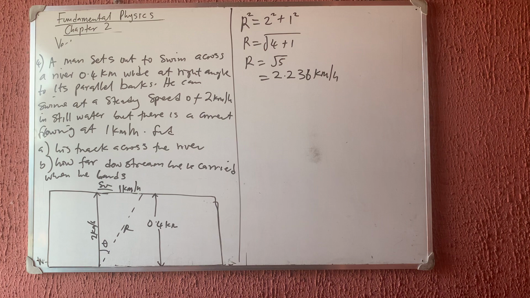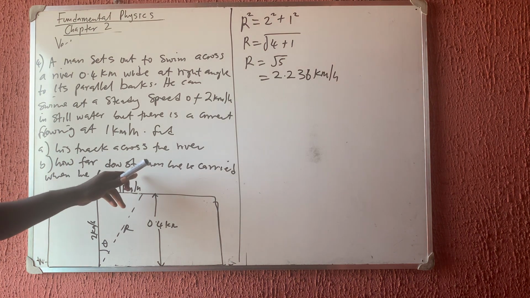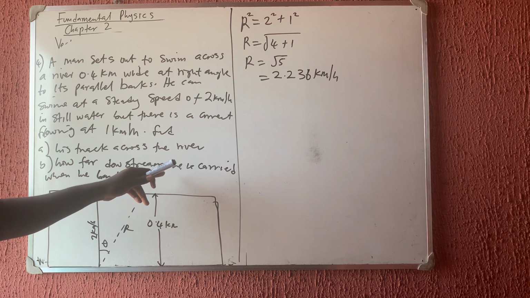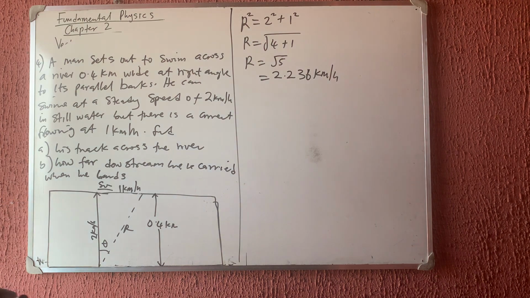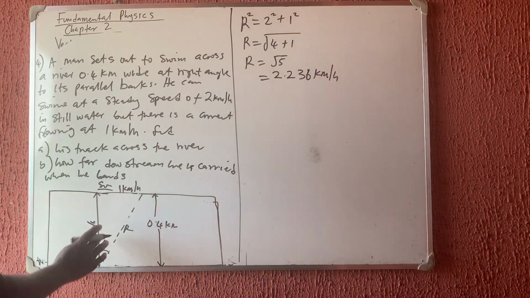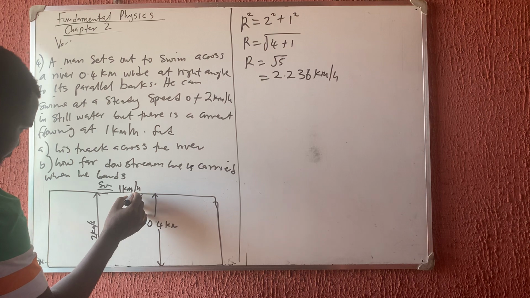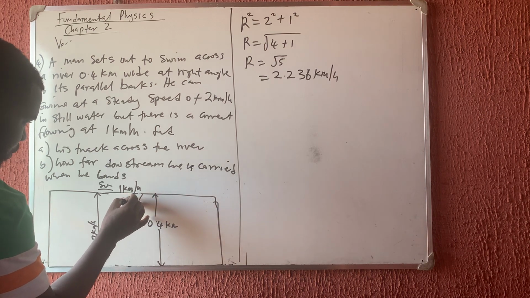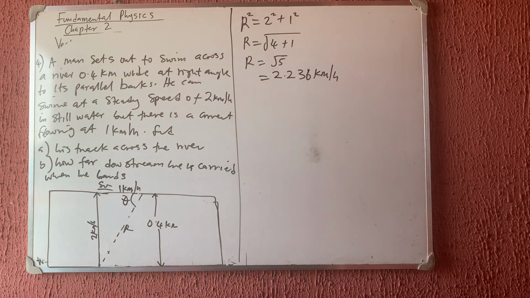Now the next question says how far downstream he is carried when he lands. When he's going to land on this side, what angle was made? That's what they're asking us.